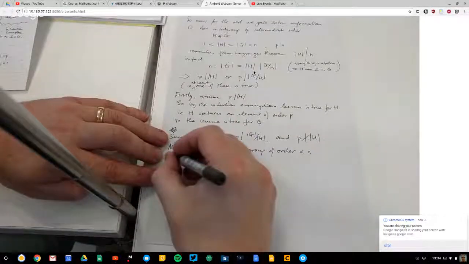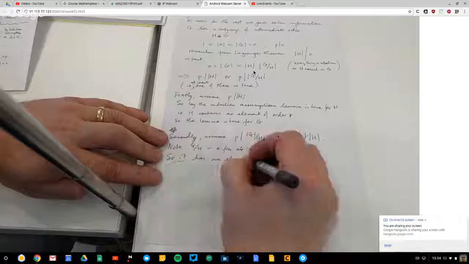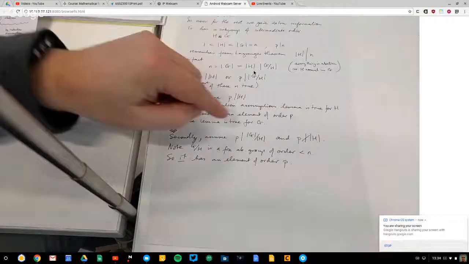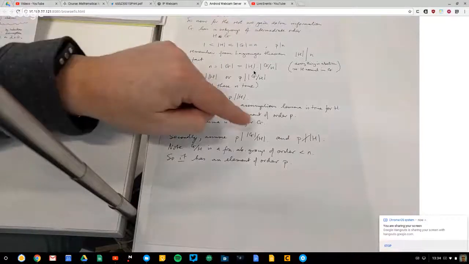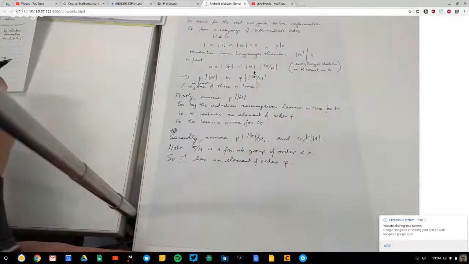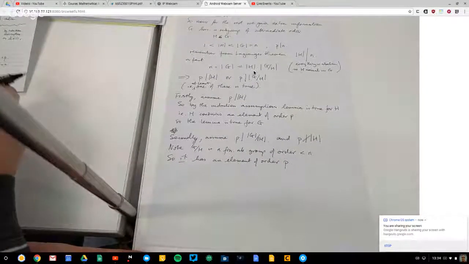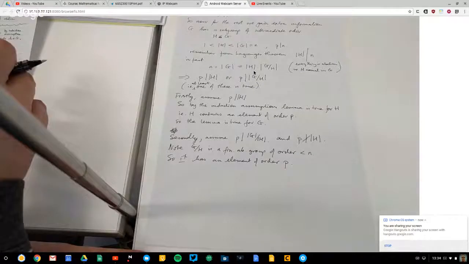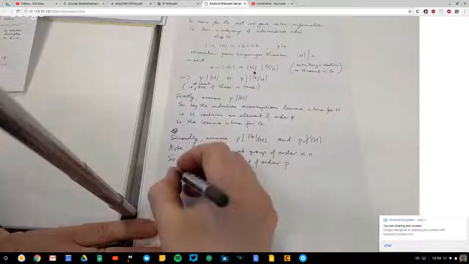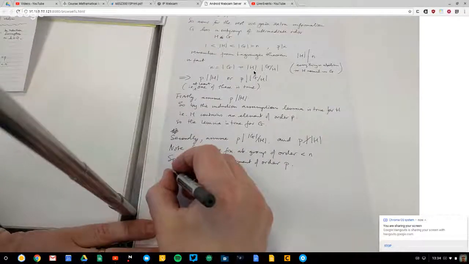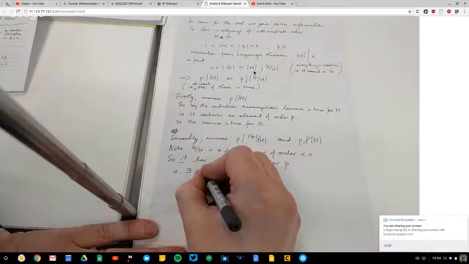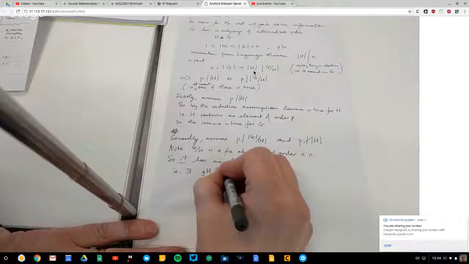Now, it's not so straightforward as in the previous case, where the element in H of order p was an element of G of order p. Now we know there's an element of the factor group of order p. This means there's a coset of H in G that has order p. But we're not yet looking at an individual element of G. So there's something of the form gH in the factor group.